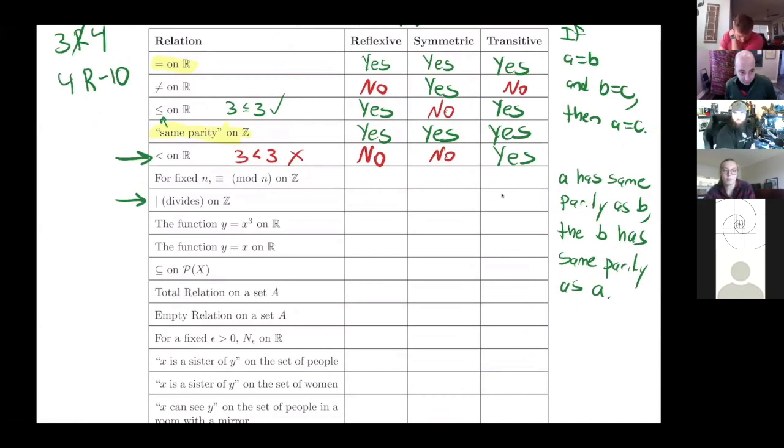I'm going to skip over the modular arithmetic one since we'll revisit that on the next worksheet. But let's think about the divides one, and let's see which of these properties you think are satisfied here.